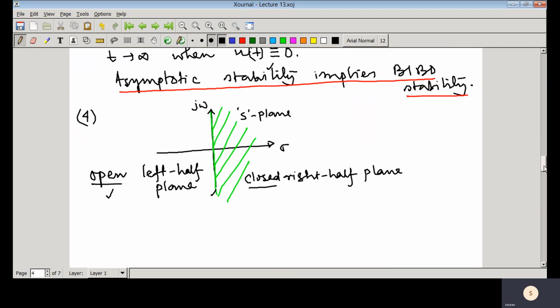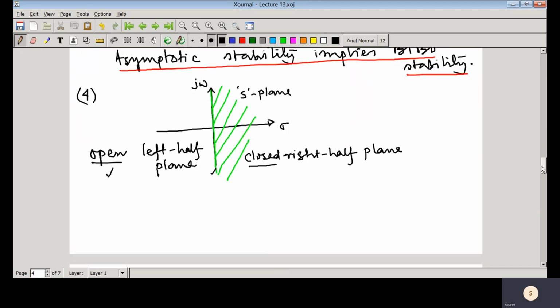So we'll see it by some simple mathematical derivation. Let us see.